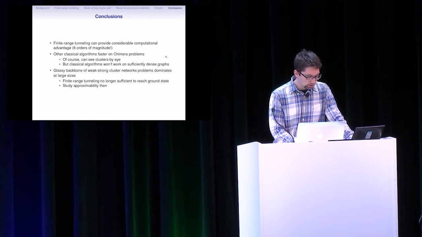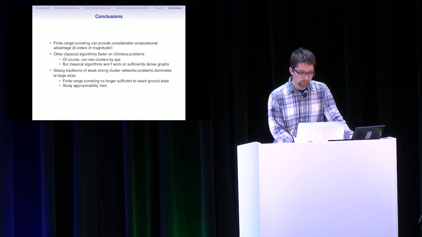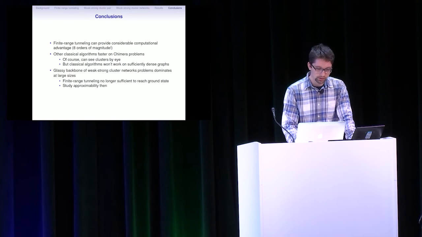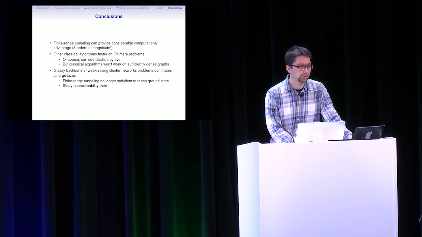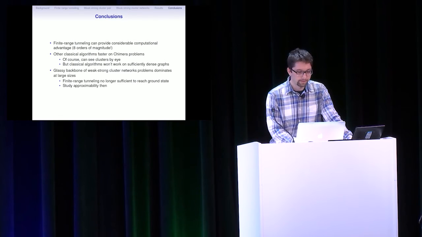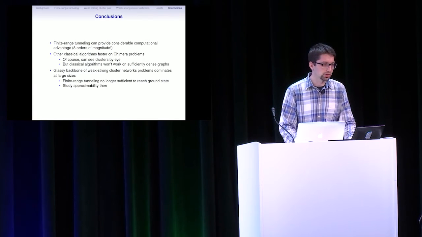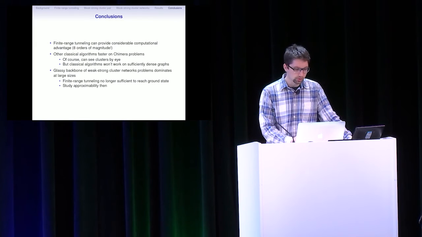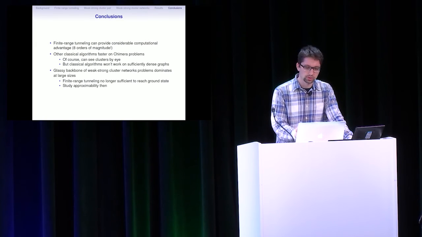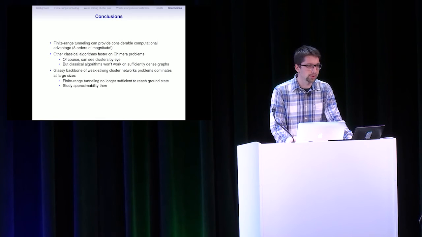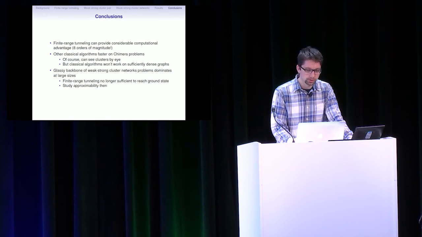Okay. So in conclusion, we found that finite range tunneling can provide considerable computational advantage. So we saw an impressive 8 orders of magnitude speed up over simulated annealing and Quantum Monte Carlo. Of course, besides these classical algorithms, there are other classical algorithms that can perform much faster on not just the weak-strong cluster networks problem, but on pretty much all Chimera problems.